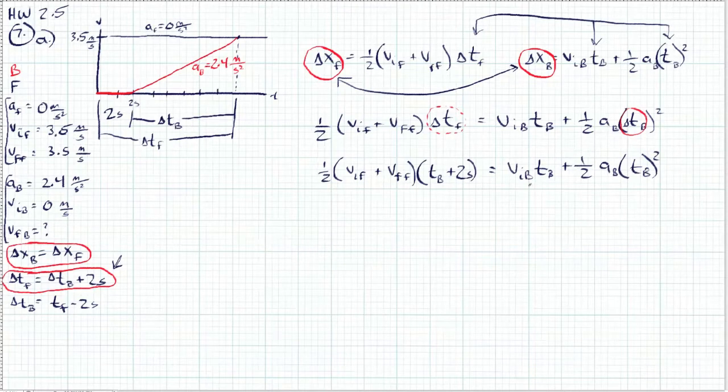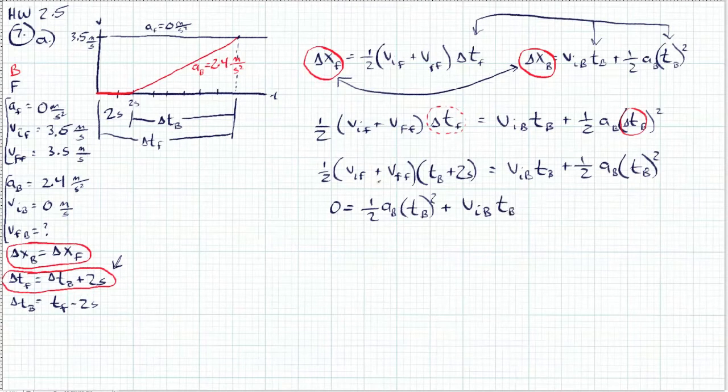So let's make this whole thing equal to 0 on this side right there, which means on the right hand side, let's start with the t squared section. So we've got 1/2 times a, acceleration of the biker, times time of the biker squared, plus initial velocity of the biker times the time of the biker.